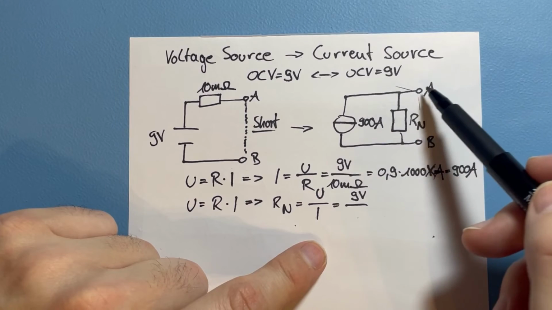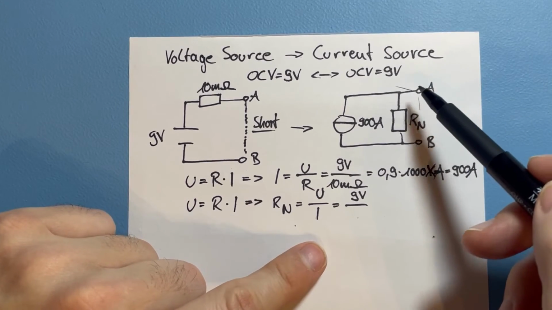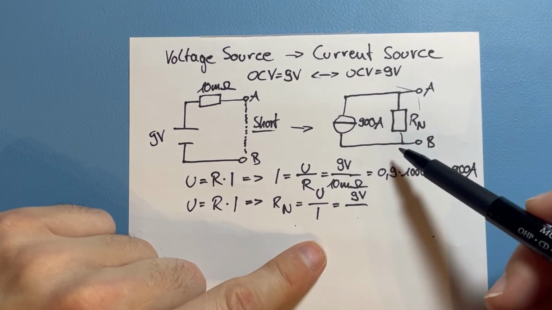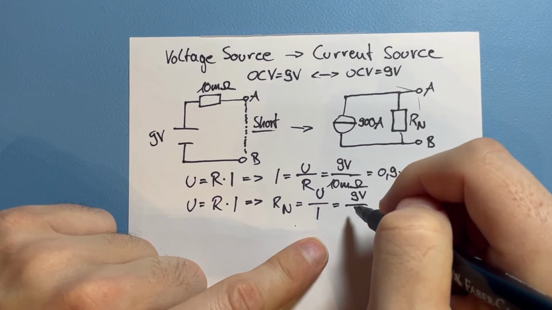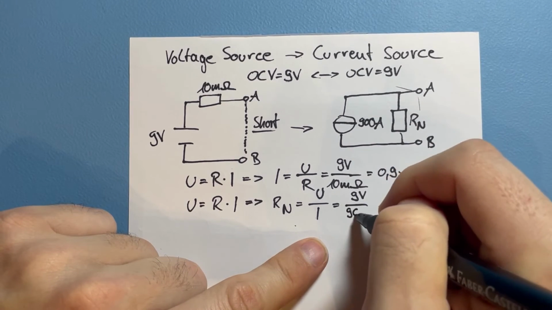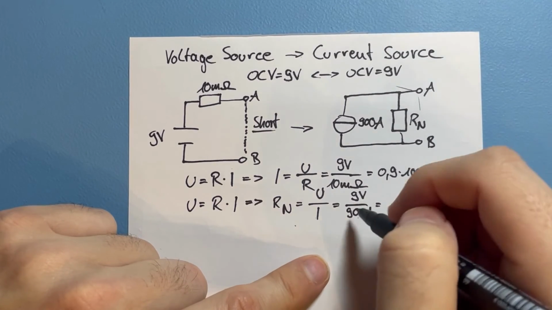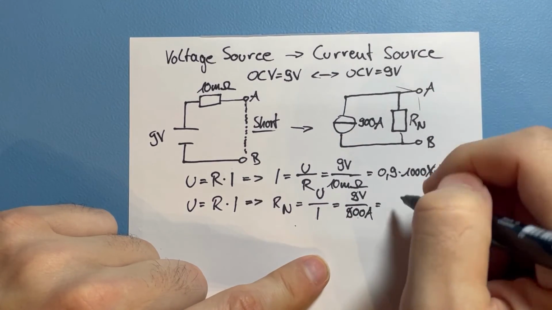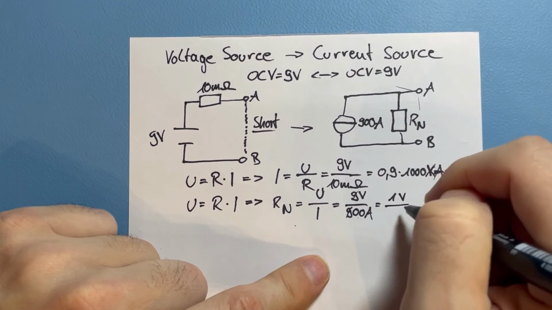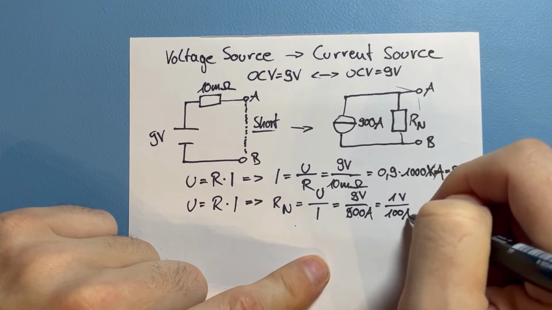They have nowhere to go. A is a dead end, and so the 900 ampere have to go through the resistor, so it has to be 9 volt divided by 900 ampere. And so this 9 cancels out, and we have 1 volt over 100 ampere.